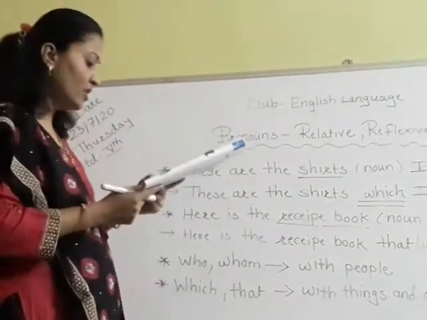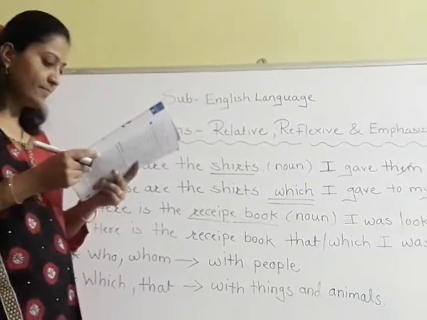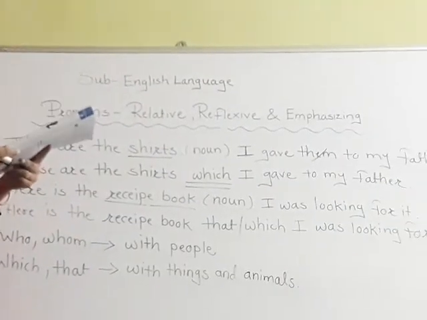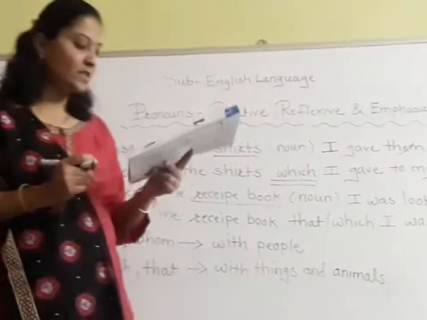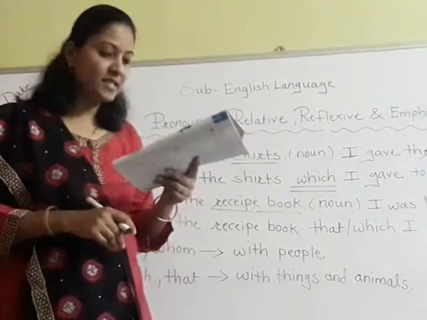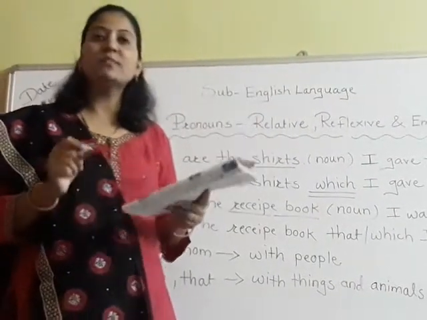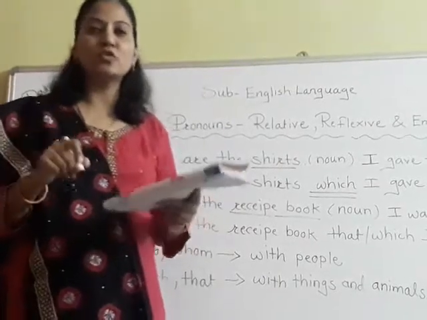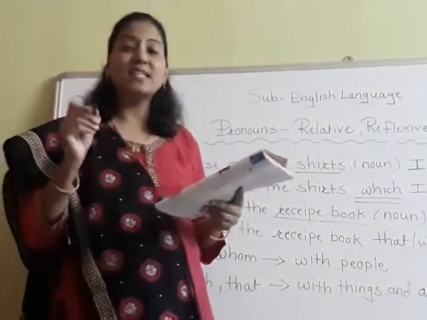Now see question number A. Now before this, I just want to tell you that is sometimes used for a person also. Sometimes we are using that for persons also. But when we are using that, when we are praising any person.